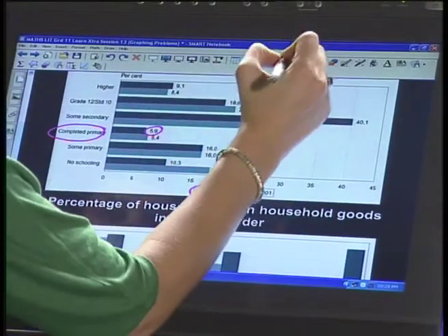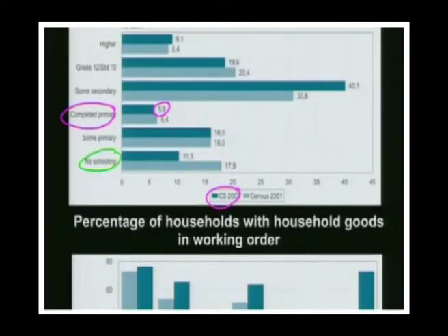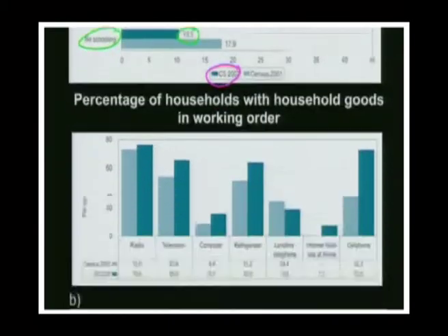How are we going to work this out? Let us see what amount of people is equal to 1%, and then multiply that by a percentage of people that did not receive any schooling at all in 2007. So let's quickly get that figure. So no schooling at all in 2007, it was 10.3%.